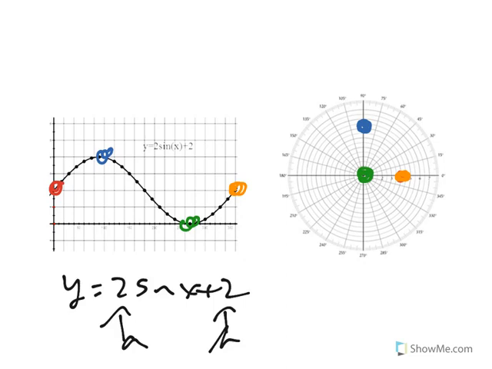A point that I left out is this one over here, which is real important. That is 180, 2, somewhere over there.